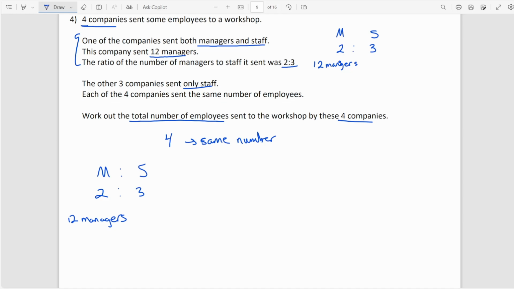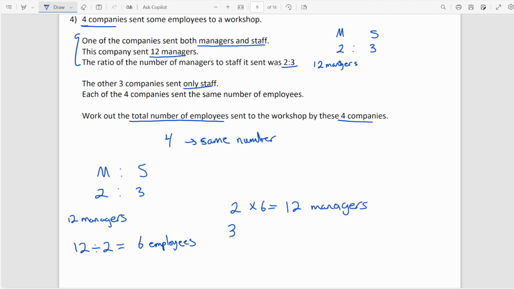So we have 12 managers, and the managers are represented by 2 parts. So 12 divided by 2, you get 6. So each part in this ratio is represented as 6 employees. So how many total employees do I have? Well, I'm going to have 2 times 6, which will give us 12, which is the managers. We were already told that, really, so you don't need to do this.